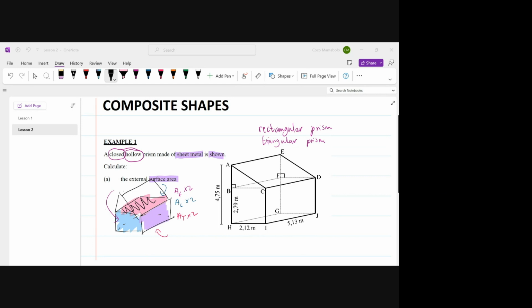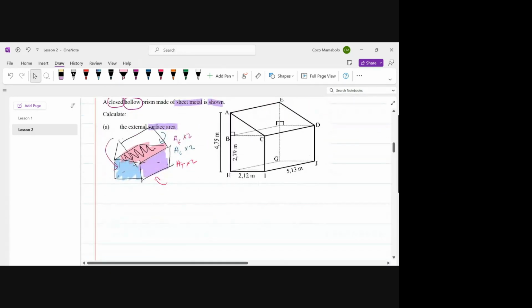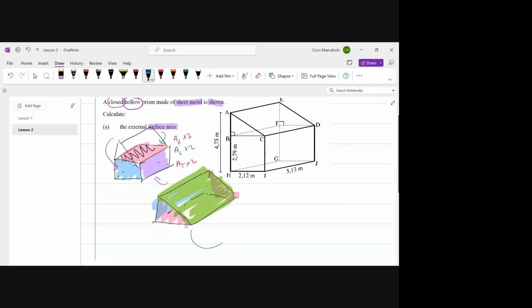Same for my triangular prism. Let me draw my triangular prism and see how good my drawing skills are. My triangular prism is made of the triangle here, the triangle there, and then the rectangle at the back. I would also have the rectangle on the front, on the top here, and then the rectangle at the bottom.